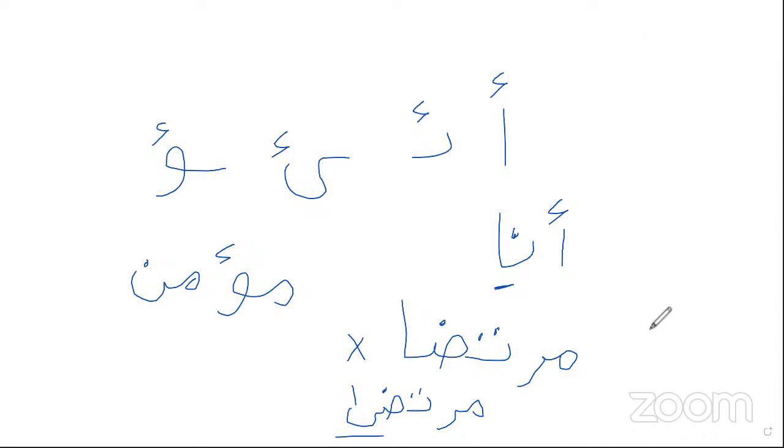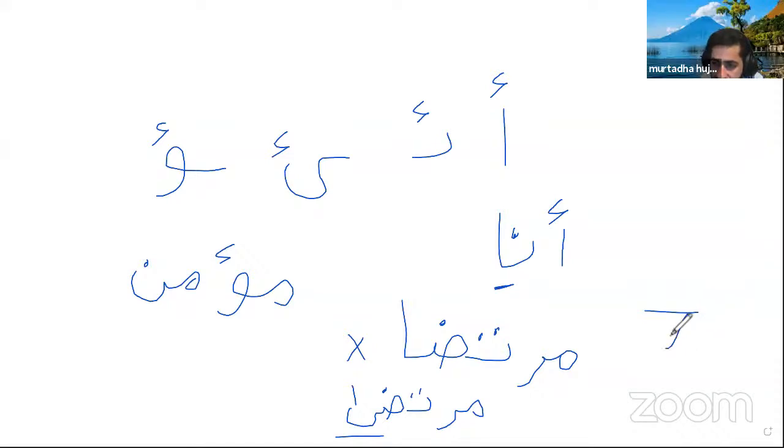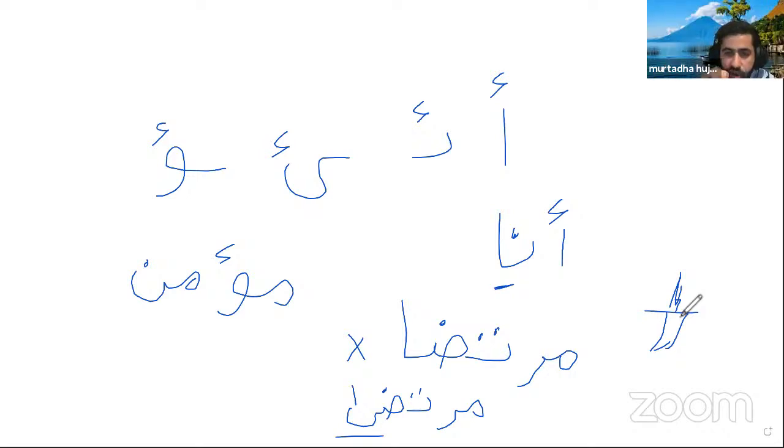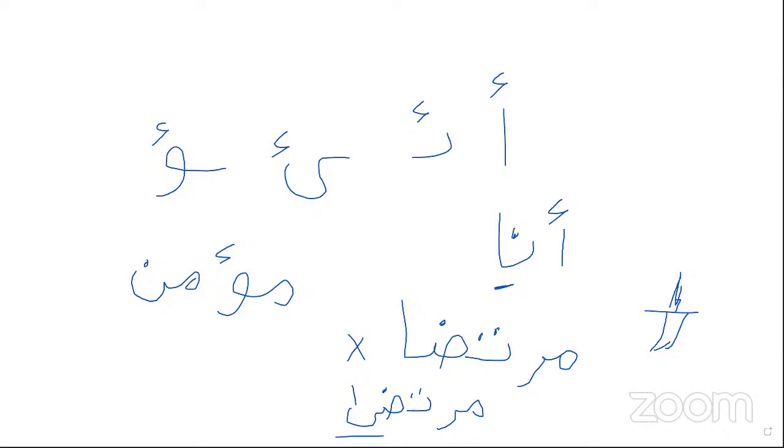Because they have the khanjar, no? The khanjar is the small, how to say, sword-like thing, small. The dagger. It's called khanjar. Kha, noon, jim, ra.